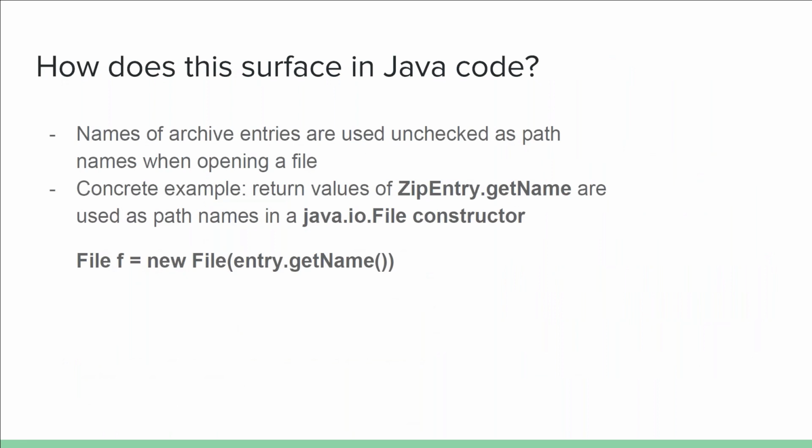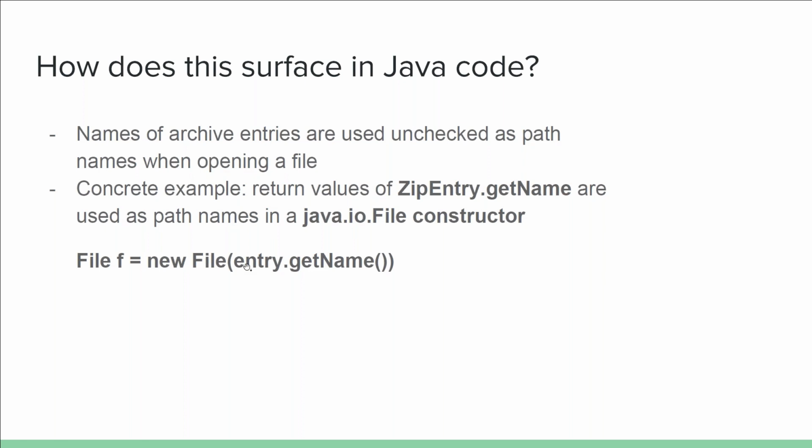Now, how does this kind of vulnerability surface specifically in Java code? Abstractly speaking, what happens here is that names of archive entries are used unchecked as path names when opening a file. Concretely in terms of APIs, there may be different APIs at use, but the most common pattern is that somebody calls ZipEntry.getName, and the name that you get of that zip entry is used in a constructor of a File.